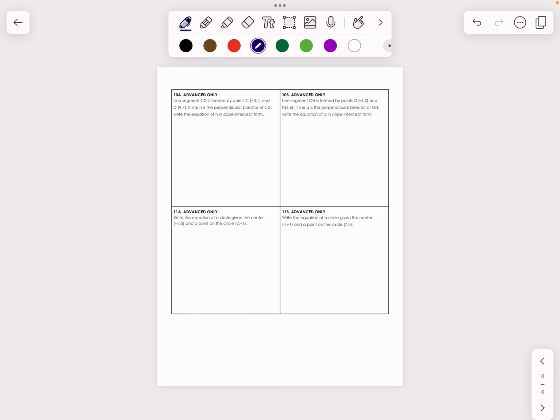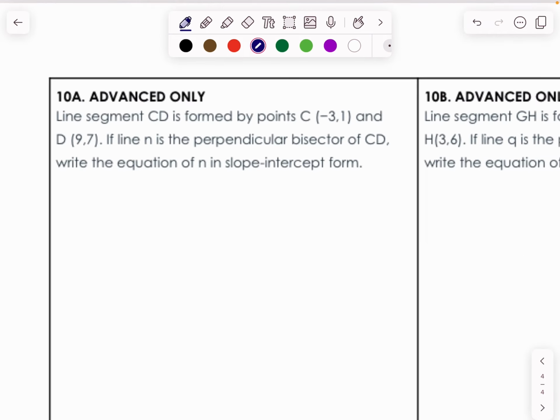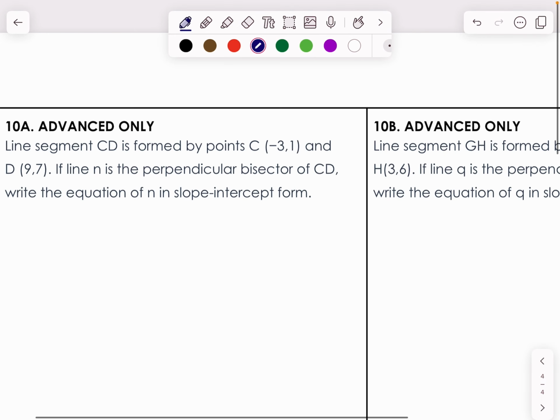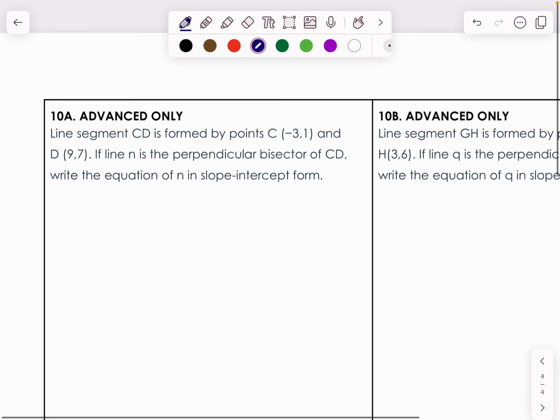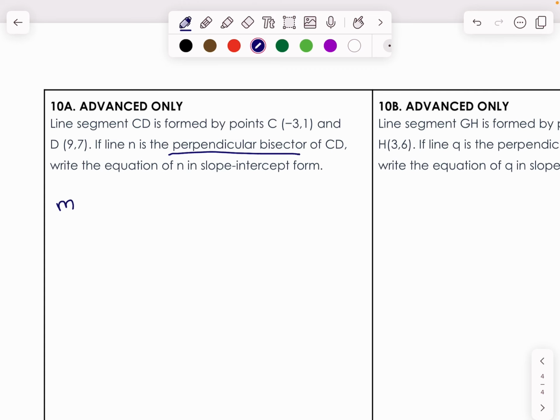All right, so the last two are advanced only, so academic, y'all are done here. Looking at 10A for advanced only, this is our perpendicular bisector question given 2 points. Okay, so the first thing that I want to do is figure out the slope. So that's talking about the perpendicular part. So I'm going to find the slope of CD first.